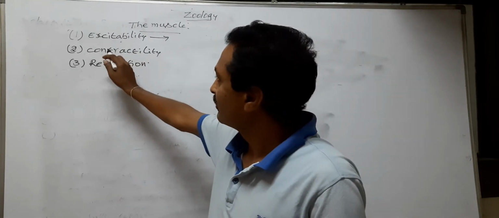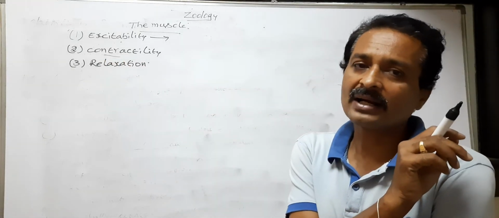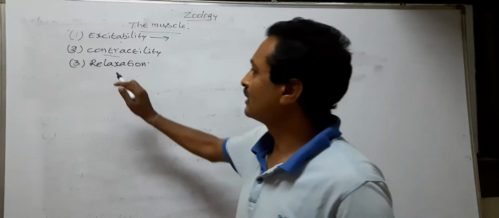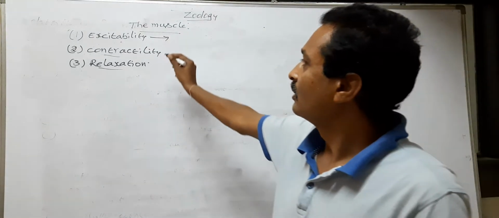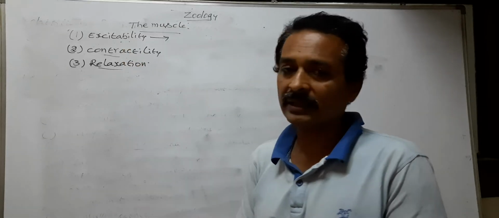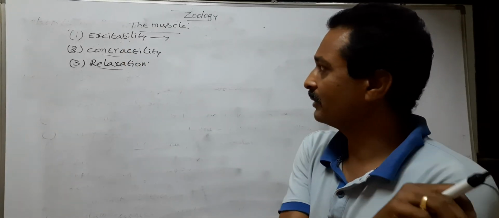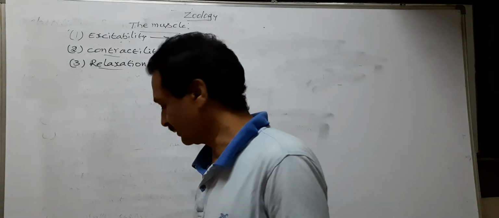Then muscles undergo contraction. After contraction, muscles are relaxed. So muscles exhibit these three important properties: excitability, contractility, and relaxation.